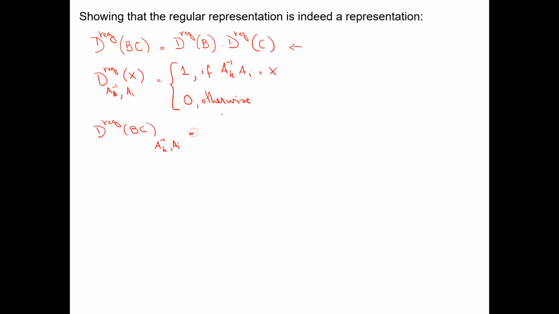Then this is equal to a sum over inner indices AJ, and then the matrix corresponding to the element B, AK minus 1 AJ, and then the matrix corresponding to the element C, AJ minus 1 AI.